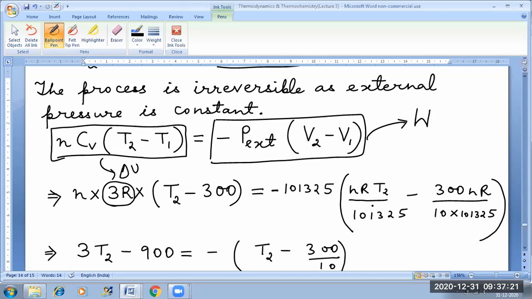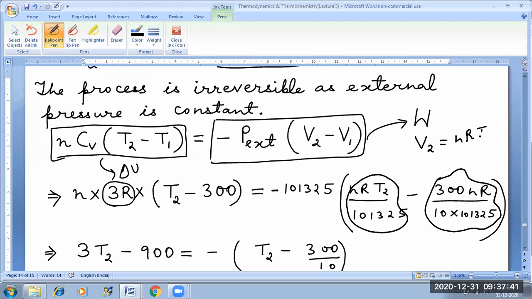Also, as per the ideal gas equation, V2 will be equal to nRT2 by P2 and V1 will be equal to nRT1 by P1. I've put that. So this is V2 and this is V1, because V2 is nRT2 by P2 and V1 will accordingly be nRT1 by P1.